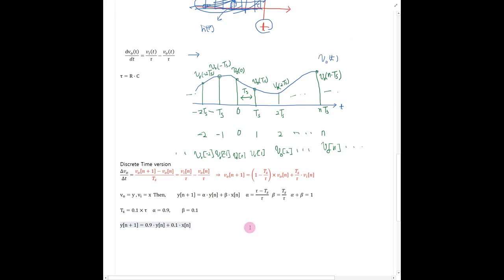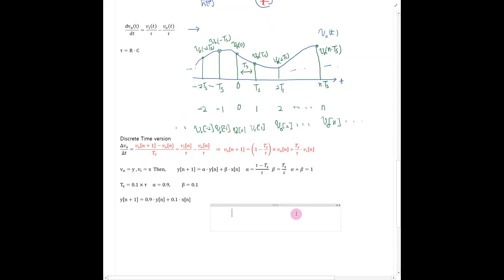But our main concern is to find the unit step and impulse response. It means that we would like to find the system response of this discrete system. This one is a discrete time system.